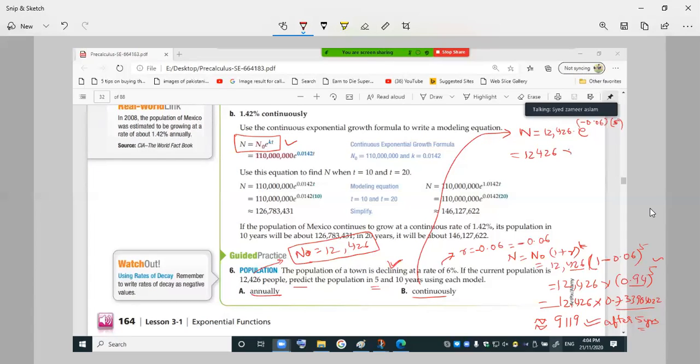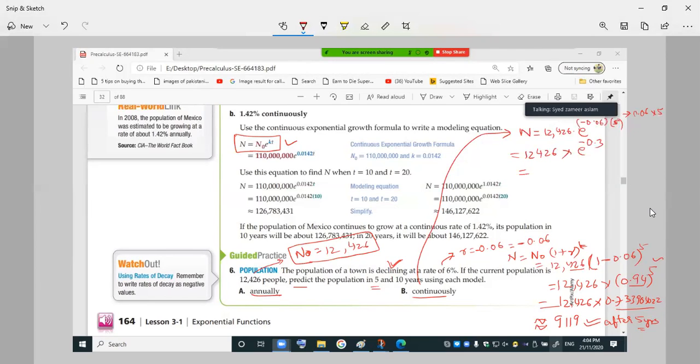So this will become 12,426 times e raised to power negative 0.06 times 5. 0.06 times 5 will be 0.3, so this will become negative 0.3.